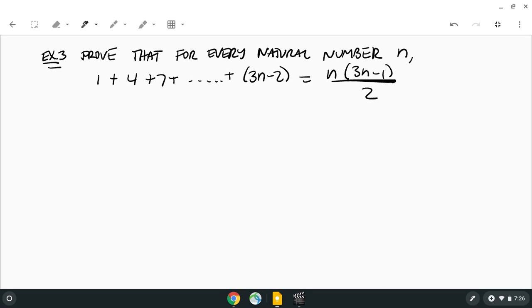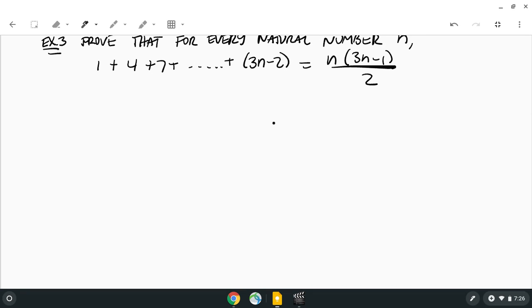Okay, so we need to prove that this is true for all natural numbers. Okay, so proof by induction.